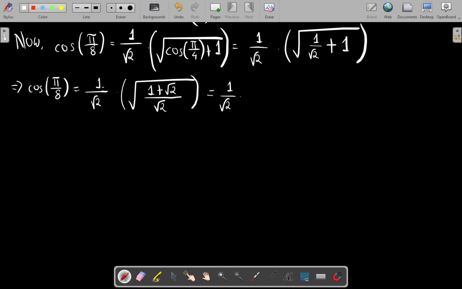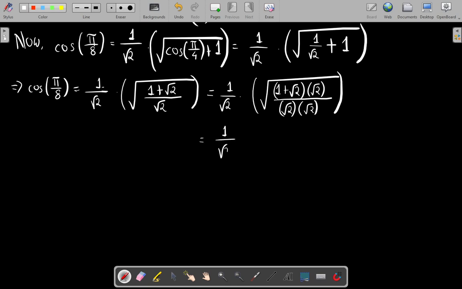That is, we are trying to rationalize this denominator inside the square root. So 1 plus root 2 multiplied by root 2, and in the denominator we have root 2 times root 2. In the numerator now we have 1 times root 2 is root 2, plus root 2 times root 2 is 2, and the denominator root 2 times root 2 is 2.